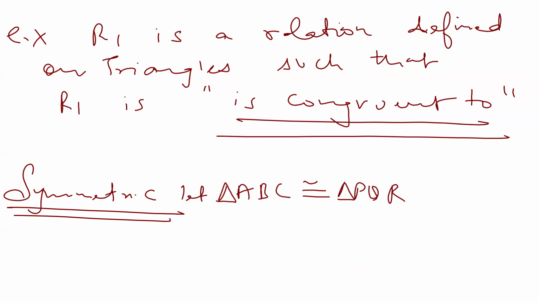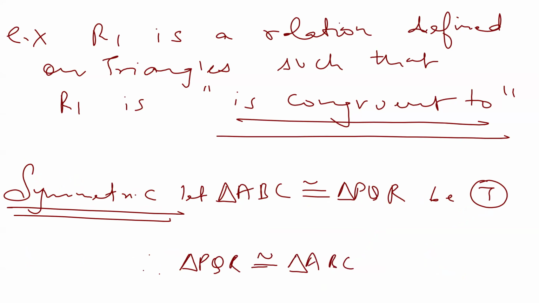Let this be true. Now reverse this. Therefore PQR is congruent to ABC. Is this true? When I reverse the statement, is this true? Yes, it is definitely true. Therefore, yes, it is symmetric.